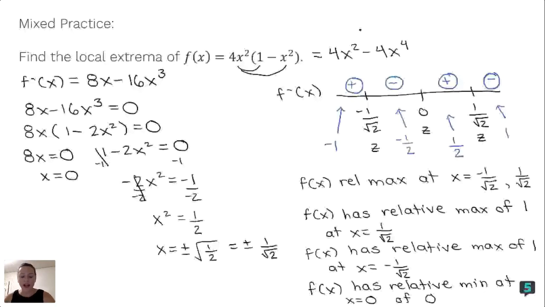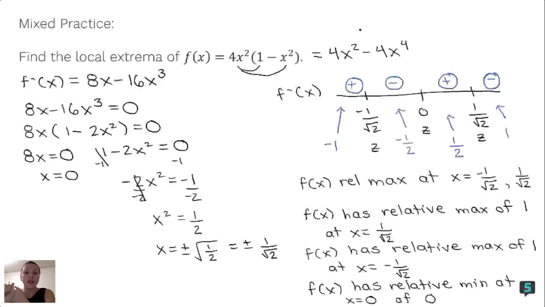So just to kind of recap, big takeaways. Critical numbers happen when the derivative is equal to 0 and when the derivative does not exist. When my derivative is positive, it's the same as saying that my function is increasing.